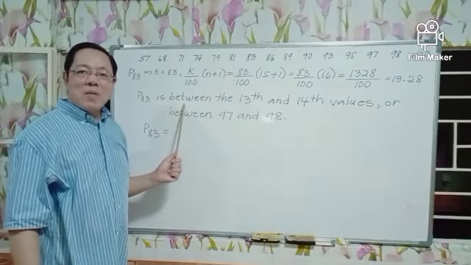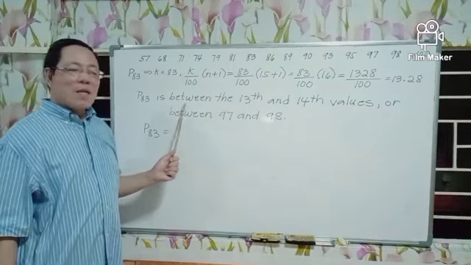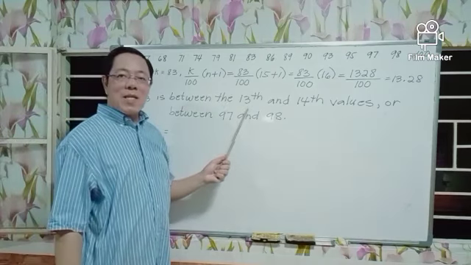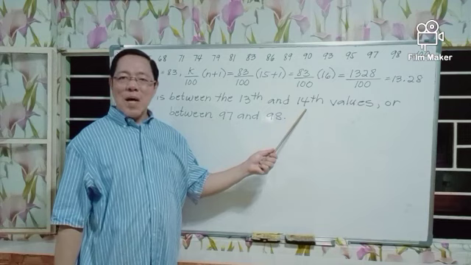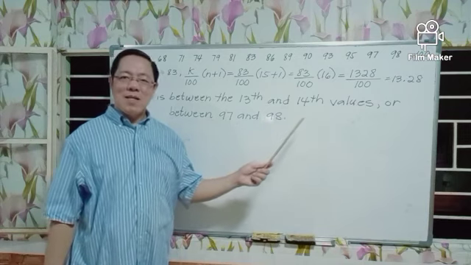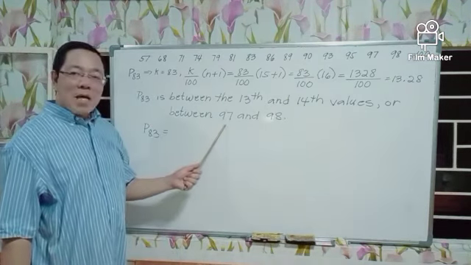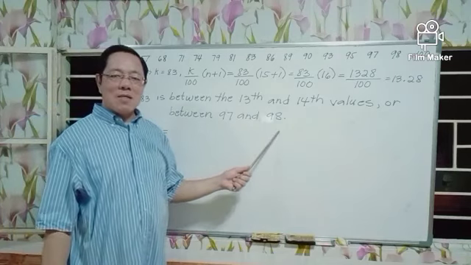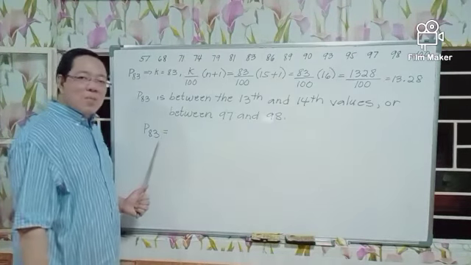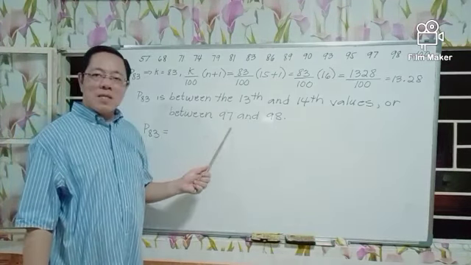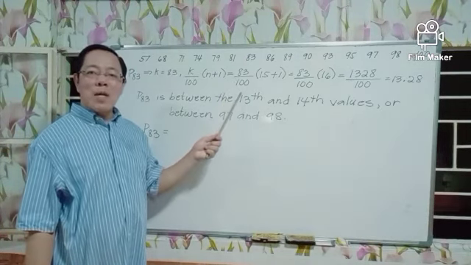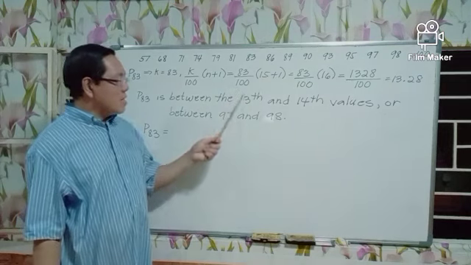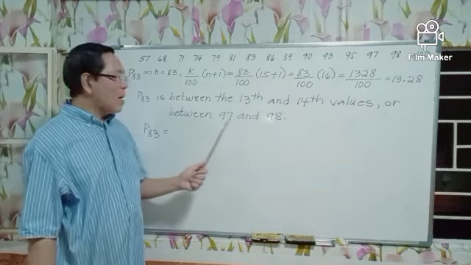So we now know that the value of the 83rd percentile is between the 13th and the 14th values. Specifically, it is between 97 and 98. That is, it is more than 97, and it is 83 over 100 of the distance between 98 and 97.